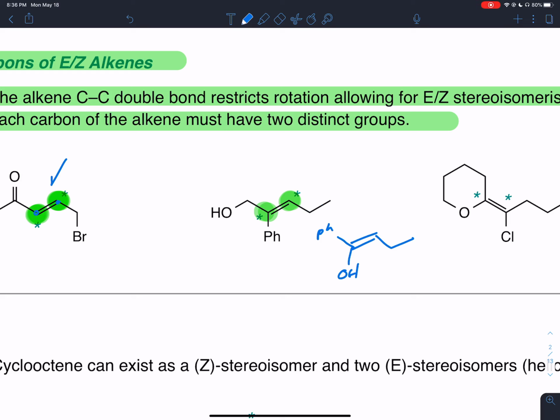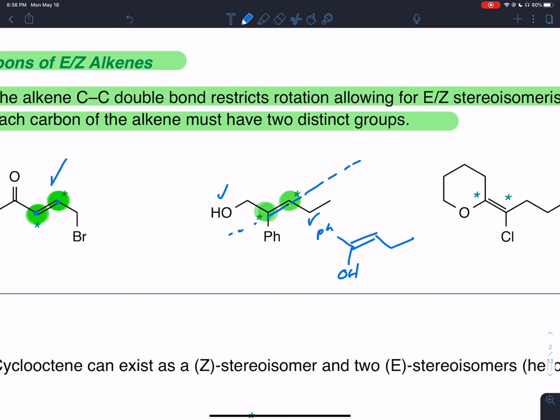Now E and Z is specifically looking at a difference in where the priority groups are in terms of are they on the opposite sides or the same sides. I'll be doing a separate video on how to determine priority and how to figure out EZ isomerism.